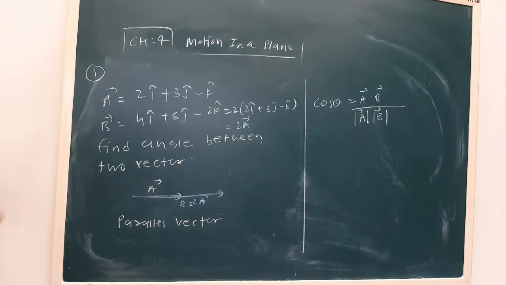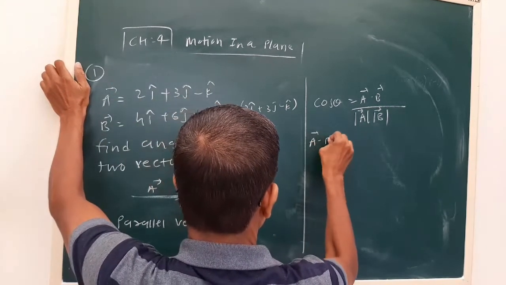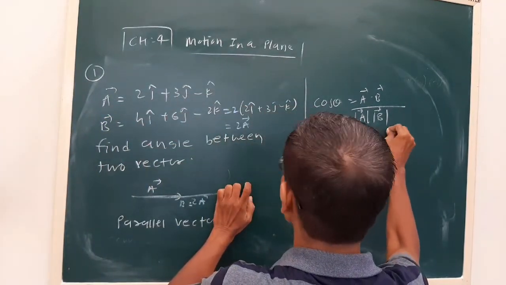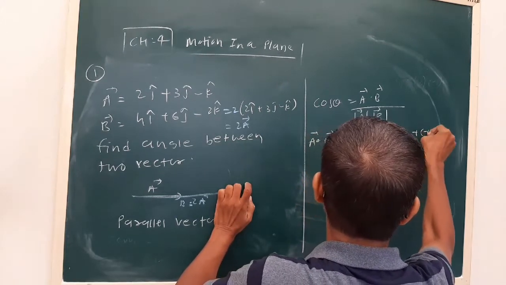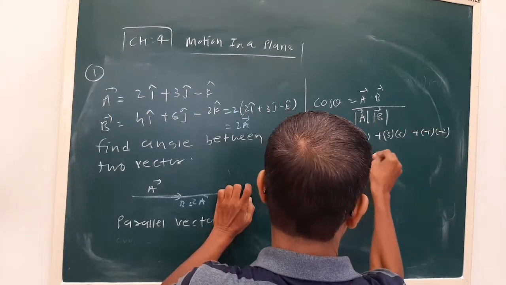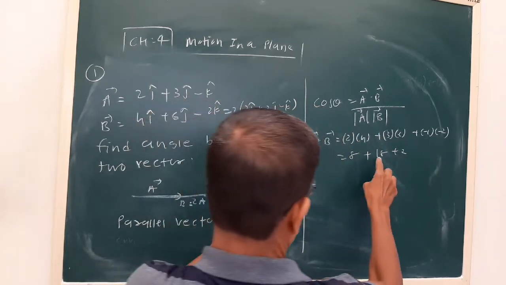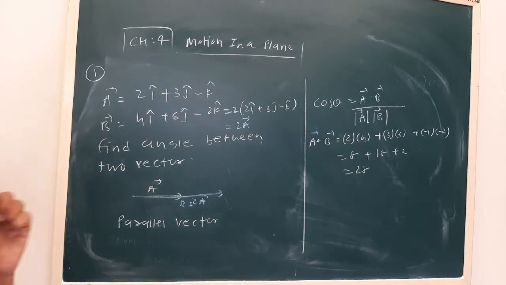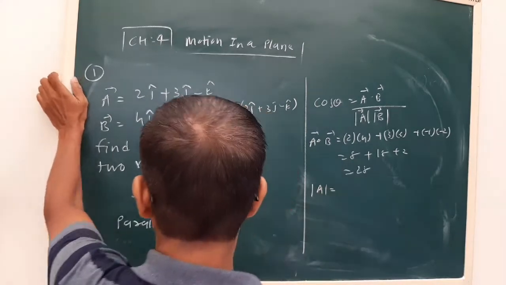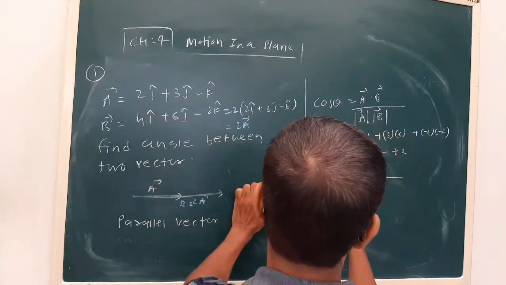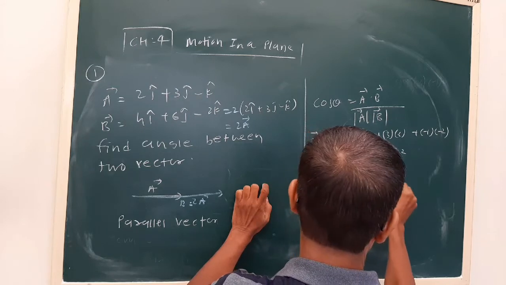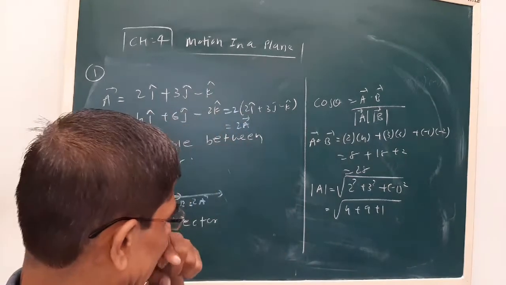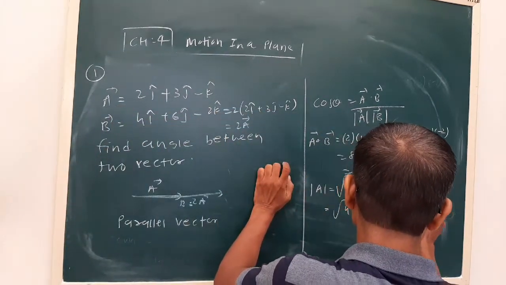First the scalar product A dot B, the numerator part: 2 into 4 plus 3 into 6 plus minus 1 into minus 2. Now the magnitude of A is 2 square plus 3 square plus minus 1 whole square, root 14.